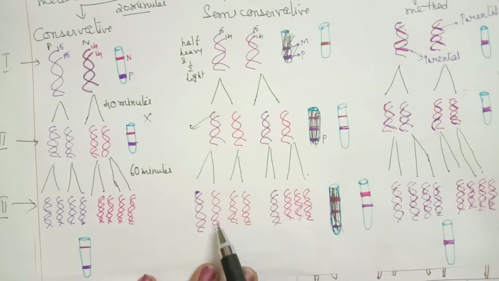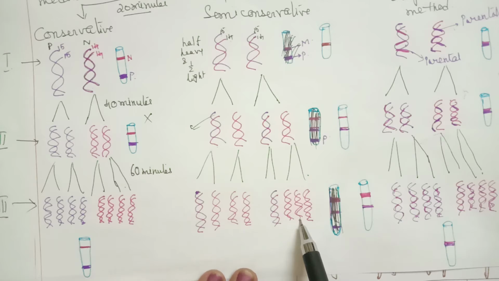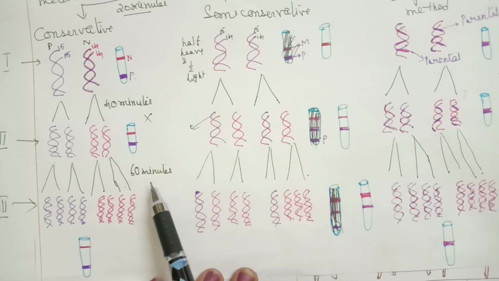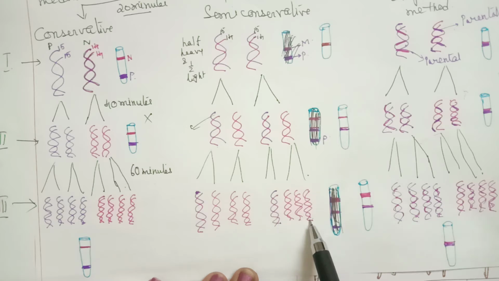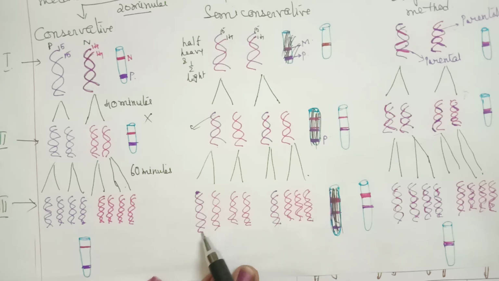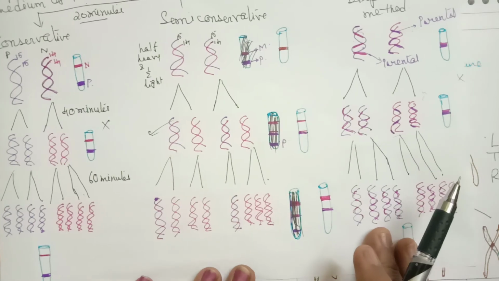In the third generation in the semi-conservative method, after 60 minutes, we obtain a total of 8 DNA molecules. Out of 8, 2 are hybrids and the remaining 6 are light, that is, they have normal nitrogen. And after centrifugation, how can we get the bands?